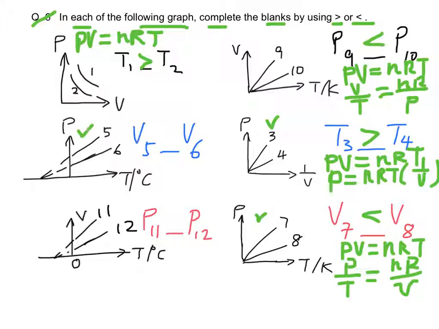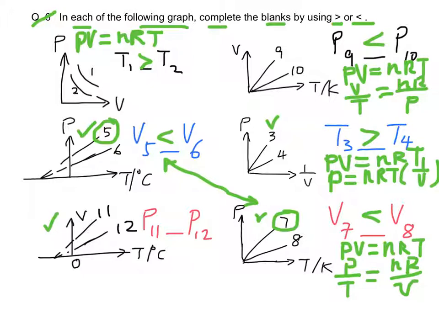For this graph, P against T in degrees Celsius, you can compare with this one, P against T in Kelvin temperature. The slope of graph 7 is larger than that of graph 8, and the slope of graph 5 is also larger than that of graph 6. Therefore, we have V5 is smaller than V6.